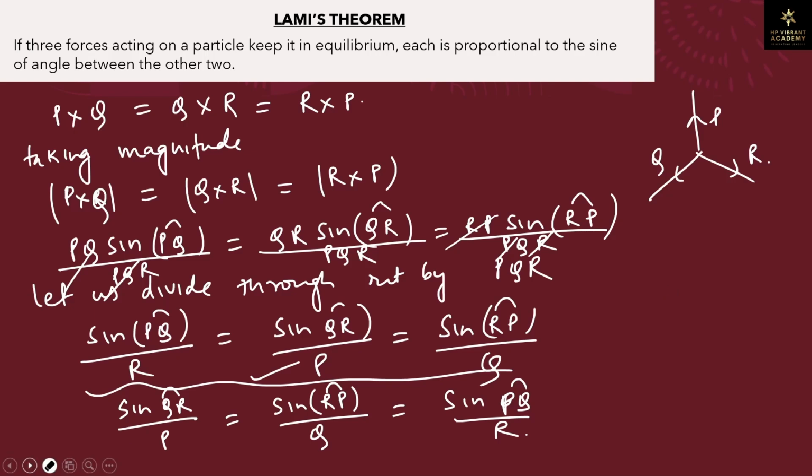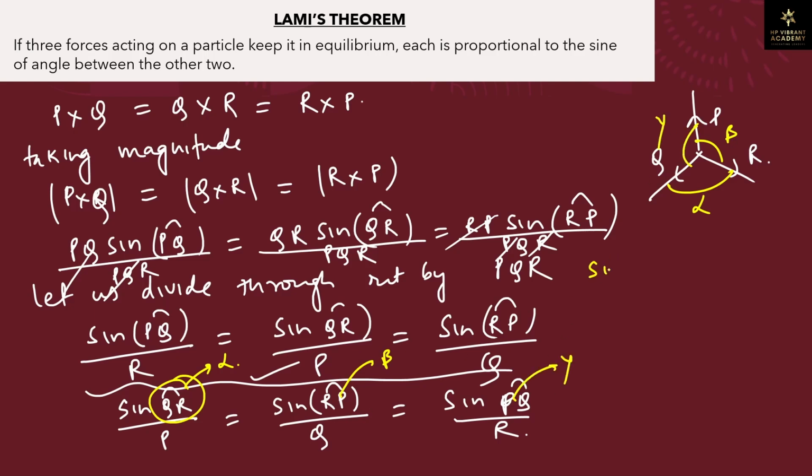The angle between Q and R we have taken as alpha. The angle between R and P we have taken as beta. The angle between P and Q we have taken as gamma.